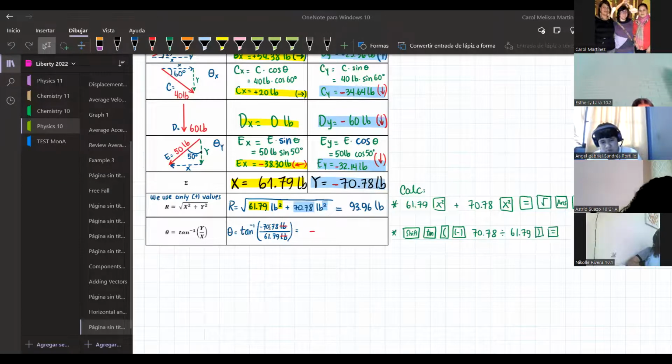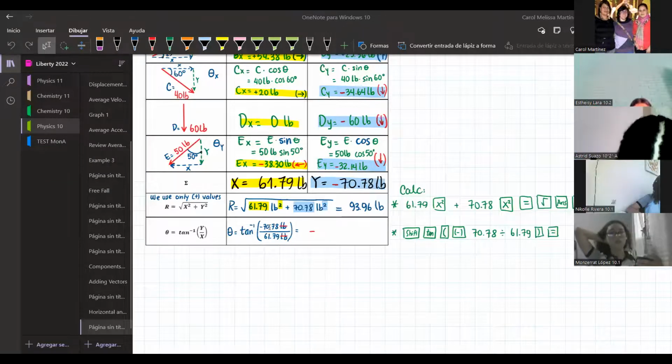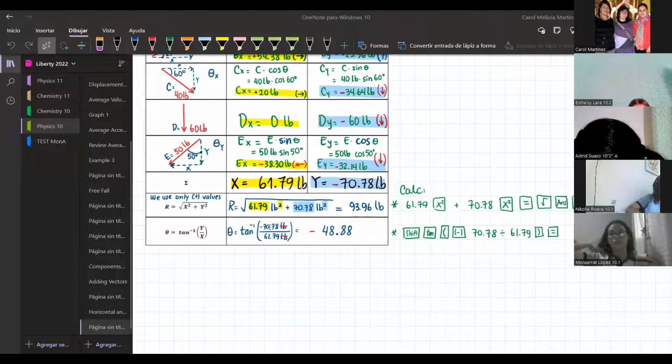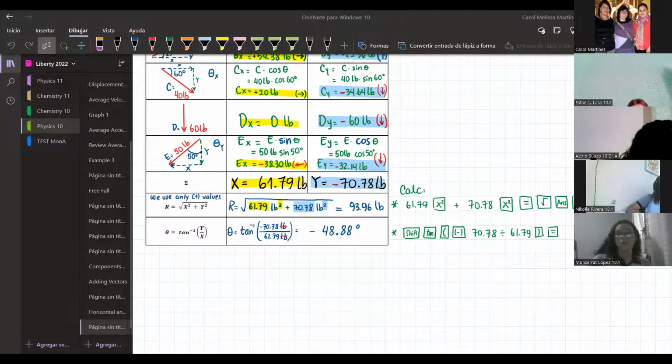I got negative 48.88. I got an angle that was different at first, but no, I got 48.88 degrees rounded.